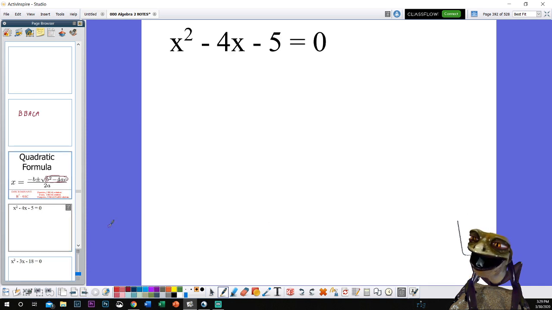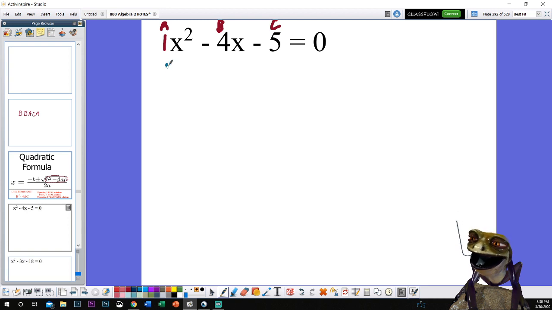Alright, now let's actually work this out. Just like when we were doing factoring, we're going to label this A, B, and C. Of course, we're going to have this in standard form first, so the x squared is first, and then x to the first power, and then a number. Now, I'm going to draw out the same exact thing every single time I do one of these problems.